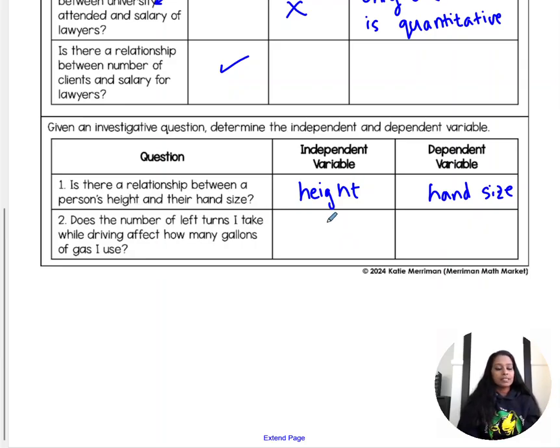But for our purpose, we're going to say that the independent variable is the number of turns, more specifically, the number of left turns that you make. Okay. Does it affect how many gallons of gas? All right. Let's go to the next page.